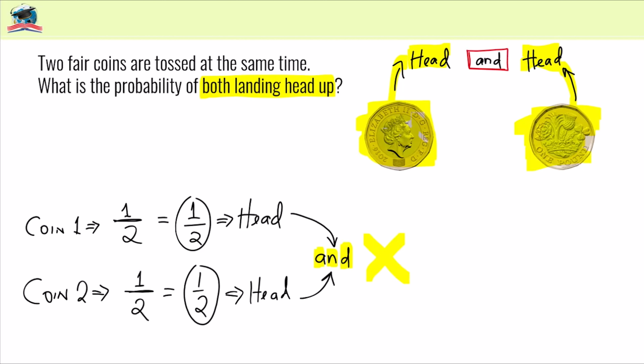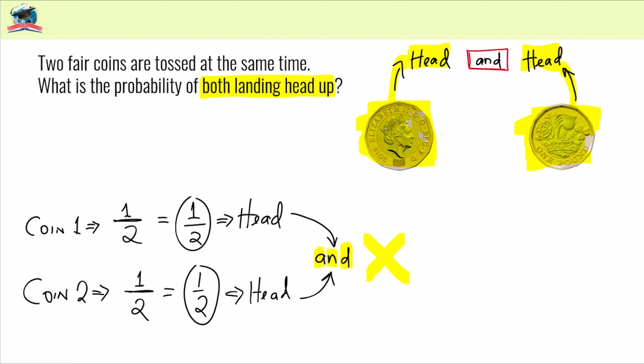Now, if it was "or", that would have been addition. But it's not "or", but "and", A-N-D, and whenever you have A-N-D, you're going to multiply.